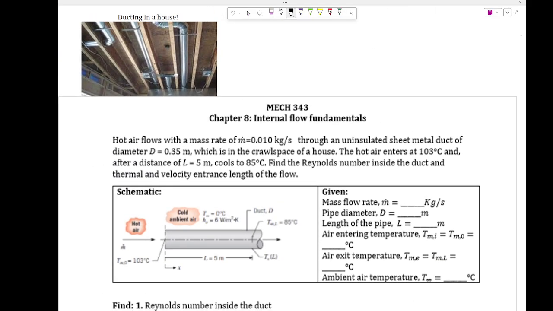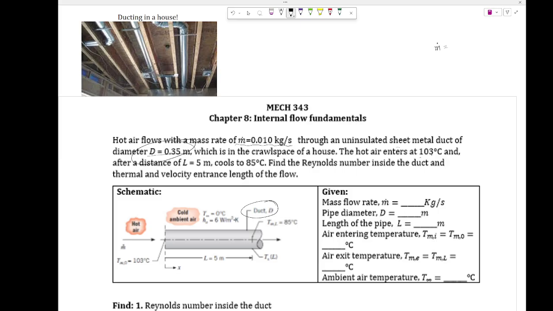So you have the hot air with a mass flow rate given. That's another very important thing here. The mass flow rate m dot is given. So this hot air is flowing with the m dot value given as 0.01 kg per second through an uninsulated sheet metal duct with the diameter given. So this is the duct they are referring to, and the diameter is 0.35. It's in the crawl space.